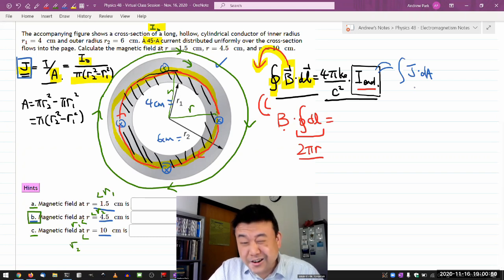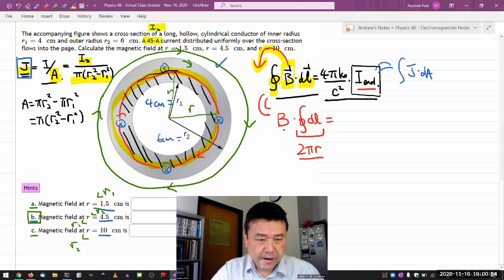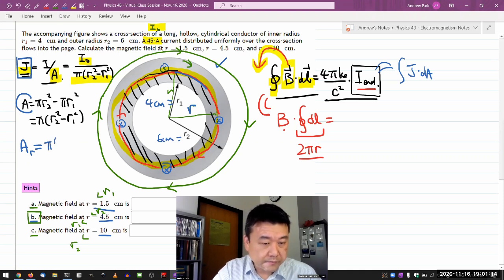I can stare at this for a while and figure, all right, I have this as the area of the cross section, and I can write down an expression for the area that's enclosed within this radius r. The area enclosed within the radius r is going to be, the r will become my outer circle, pi r squared, minus, I still have to subtract off this inner circle, r1 squared.